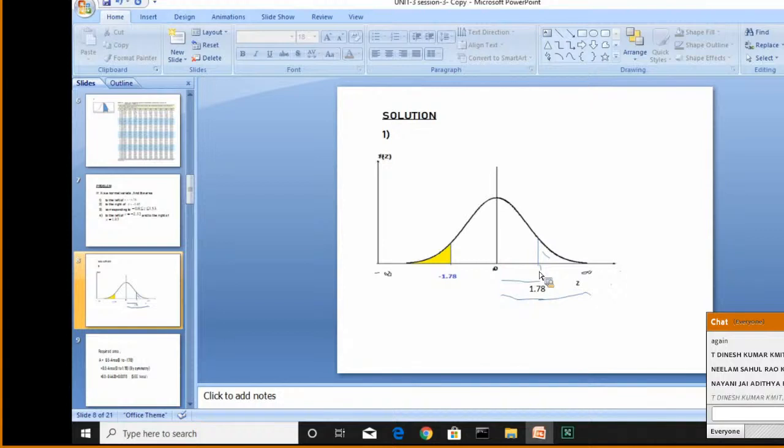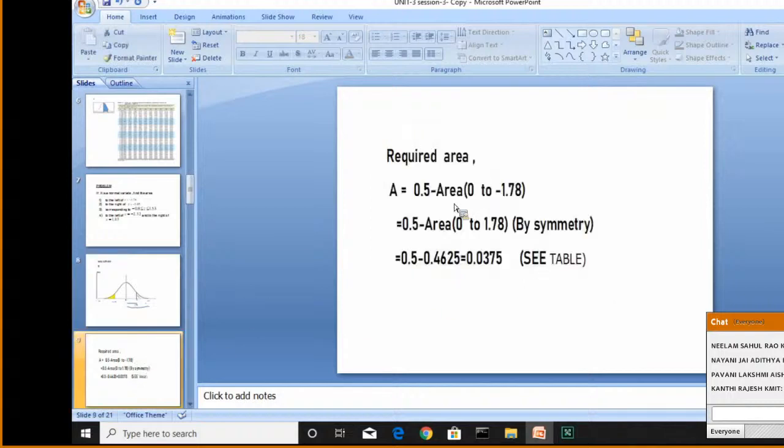Am I correct? Those who had doubt, those who have written adding and subtracting, you listen. 0.5 minus the value from 0 to 1.78, which is 0.4625. We will subtract. Area from 0 to minus 1.78 by symmetry is 0 to 1.78. So we are getting 0.0375.